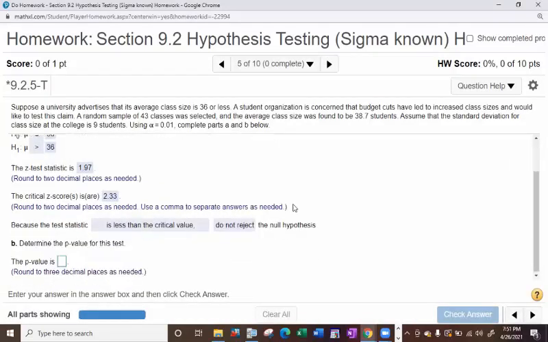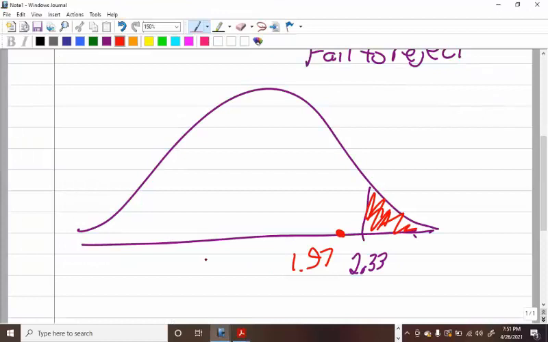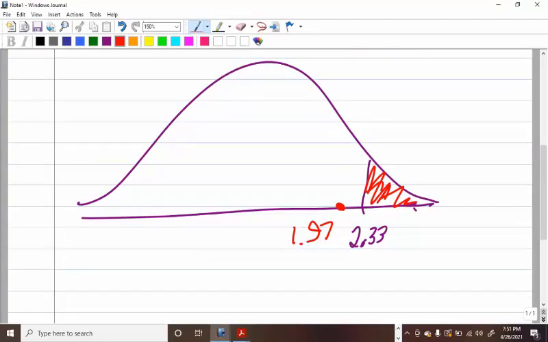Let me go back to that picture. And I'll just use the same, so I have to redraw another one. Let's say it would have been a left-tail test. And this would have been negative 1.97. It still would have been fail to reject.